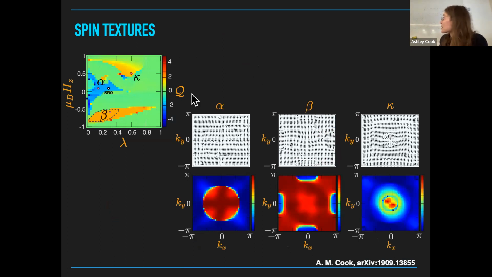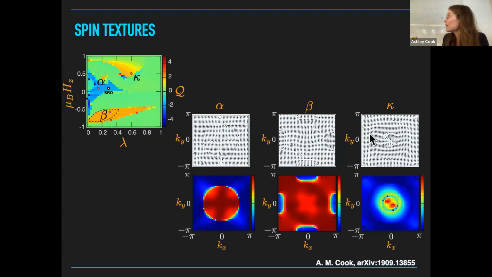So I just wanted to show some representative Brillouin zone spin textures for one of the mirror subsectors here. So this alpha, beta, and kappa are spin textures for the following points in the phase diagram. One thing that's interesting here is you see that for alpha and beta, you have a single charge 2 Skyrmion.